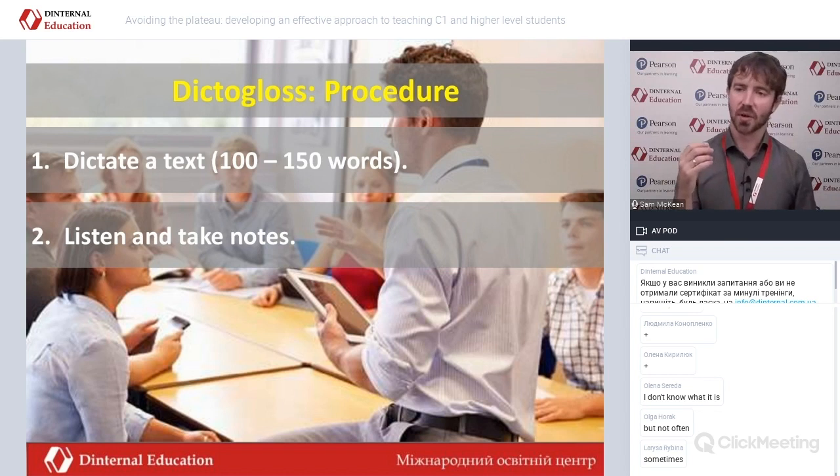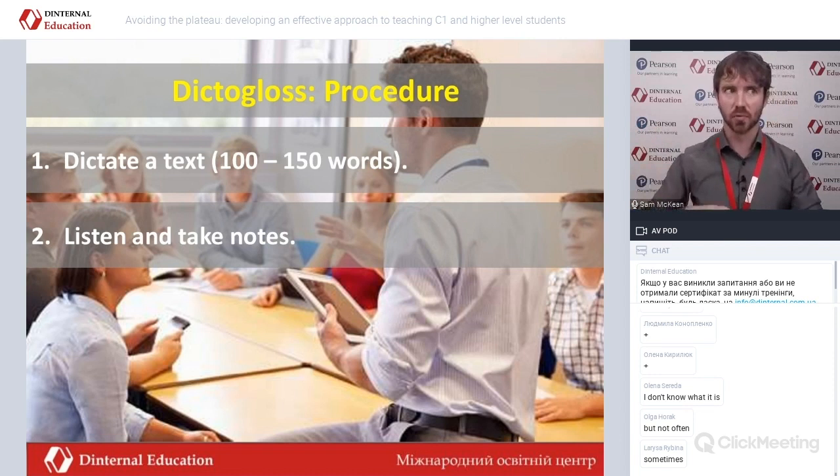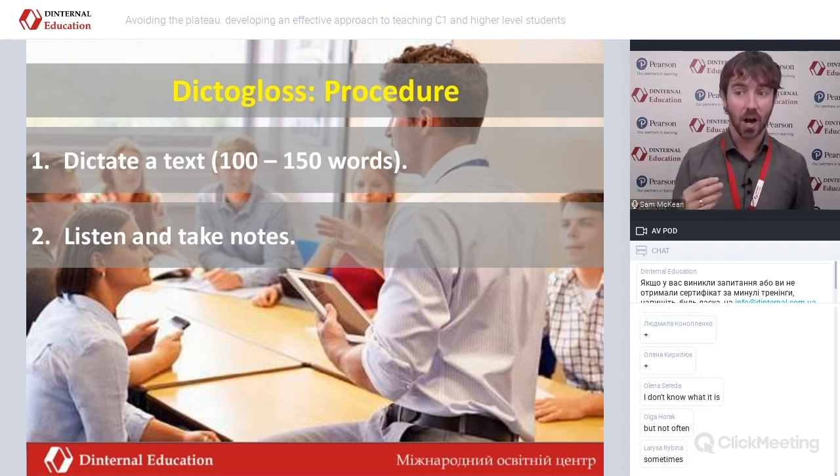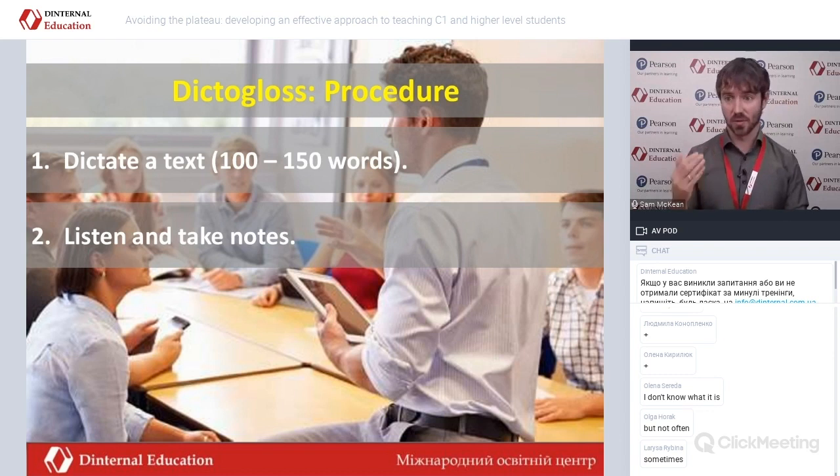I tell the students before I start that later in the class, they will need to reconstruct the text that I'm reading. They will need to rewrite it. I also tell them, especially when I do it with my students, don't try and write down everything I say. Okay, you won't be able to. Just focus on the key words, the key information.